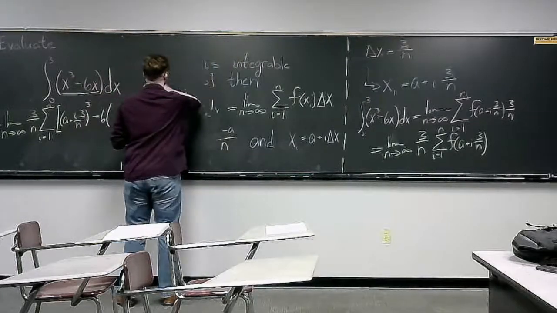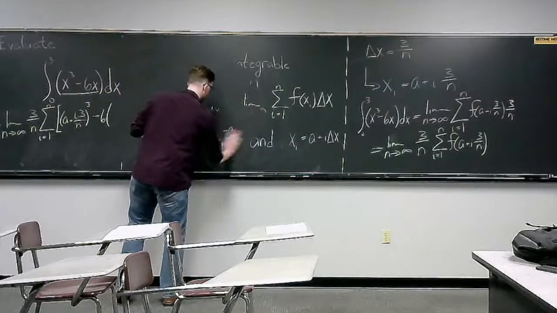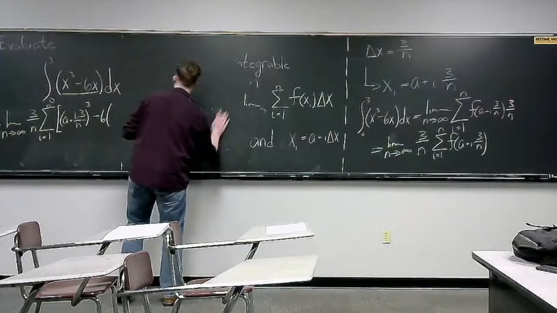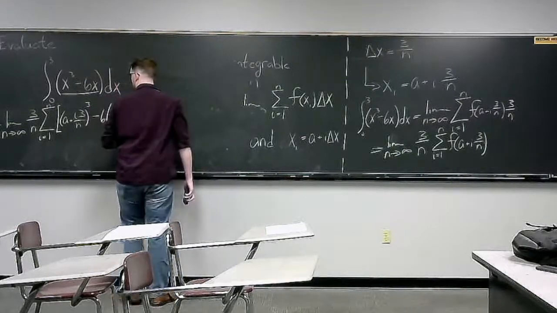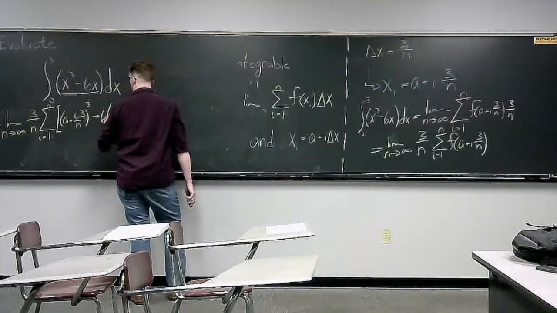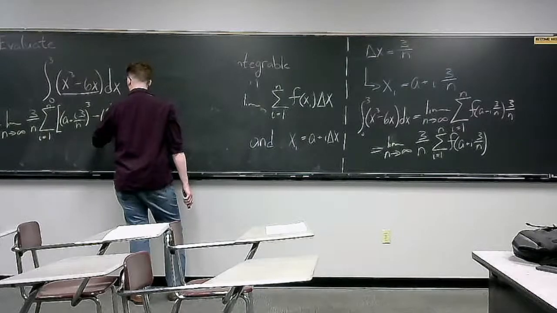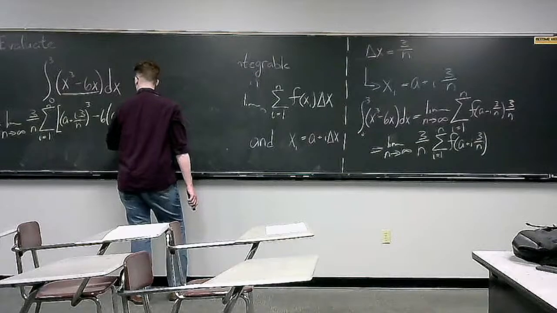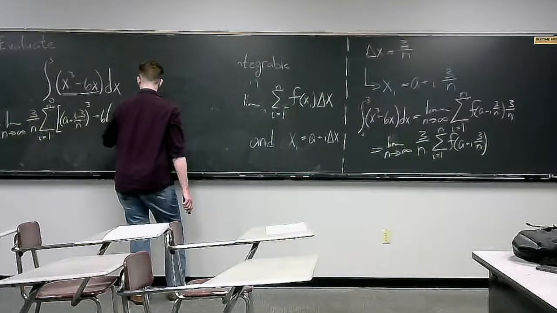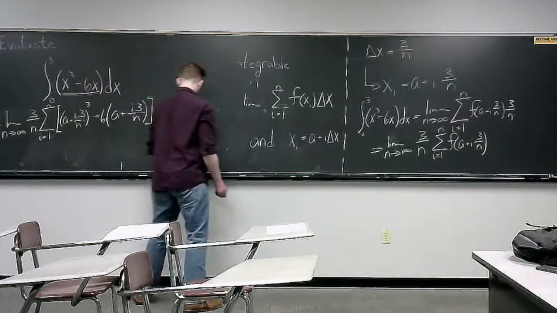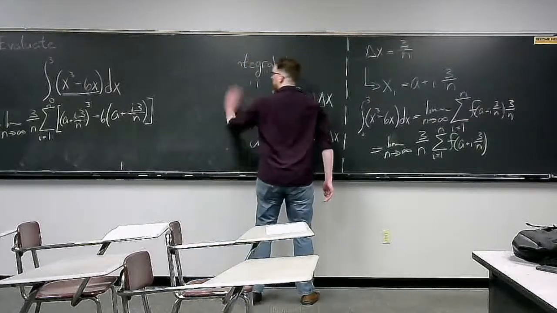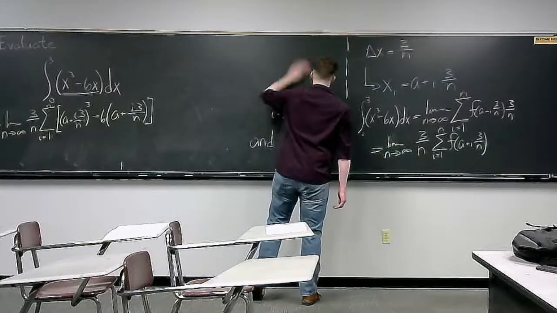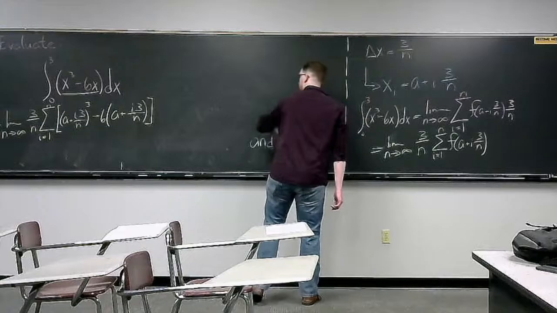And now I'm going to erase some of this out of the way, so I can actually write the rest of it out. So now we have 6 times the quantity a plus i times 3 over n. Now, we're going to evaluate that beast.